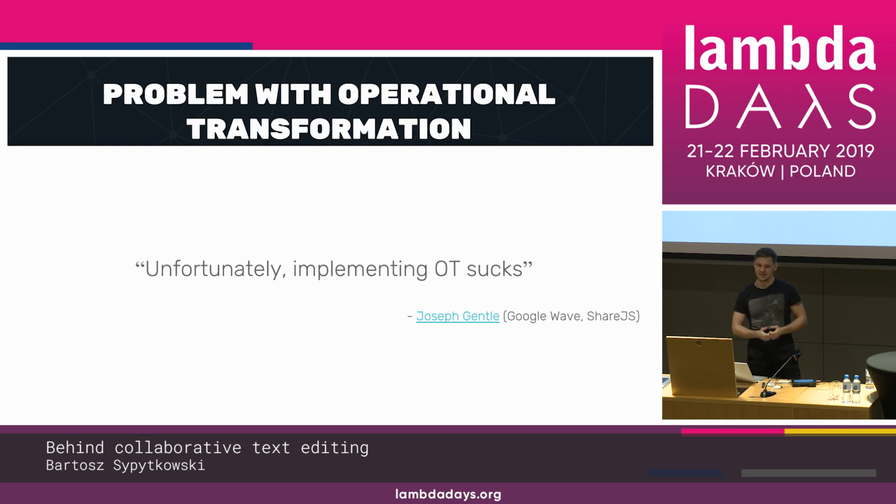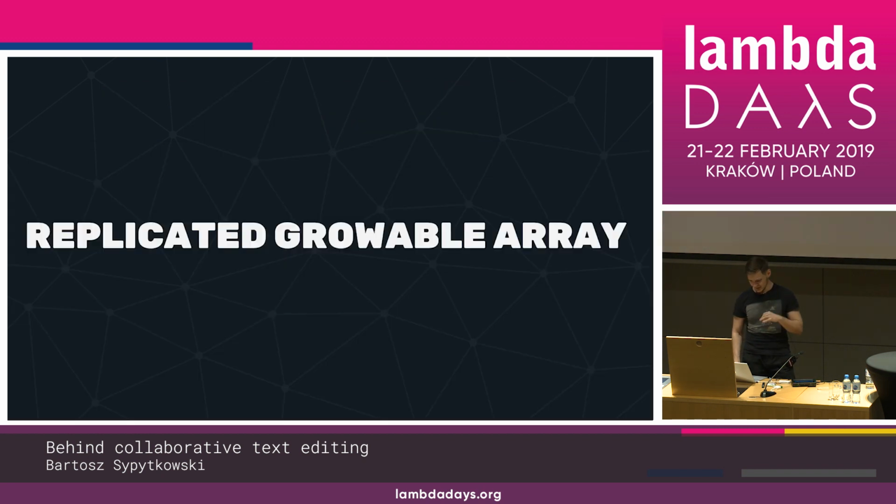Since I don't want to force you to read the entire wall of text on a single slide, I've decided to just insert here the point of his comment. So OT sucks. It's the actual conclusion of his comment. So we will use a different approach.